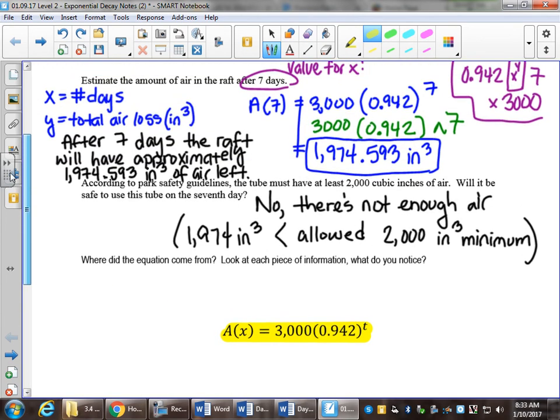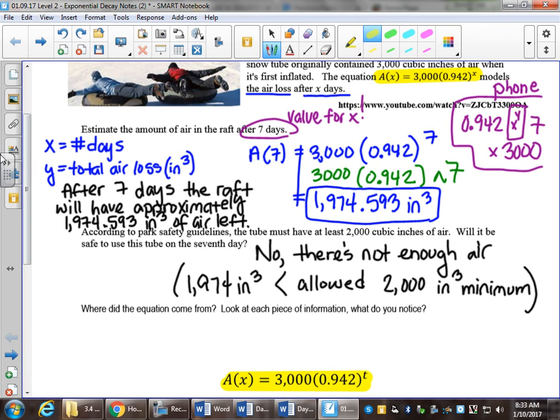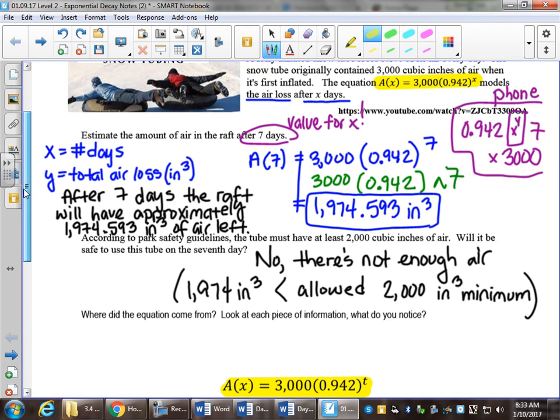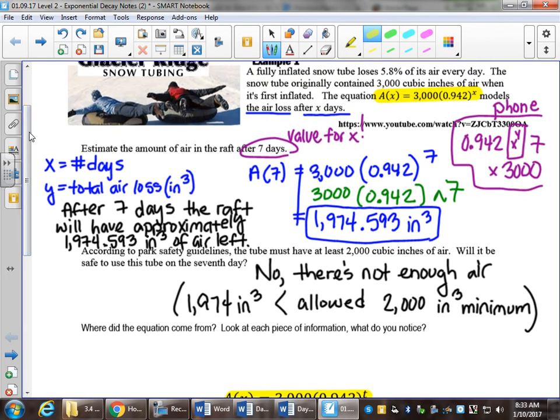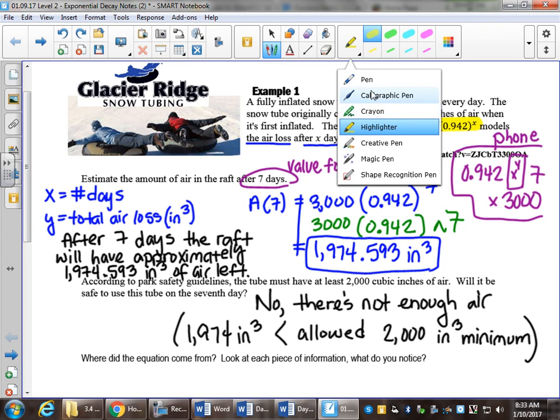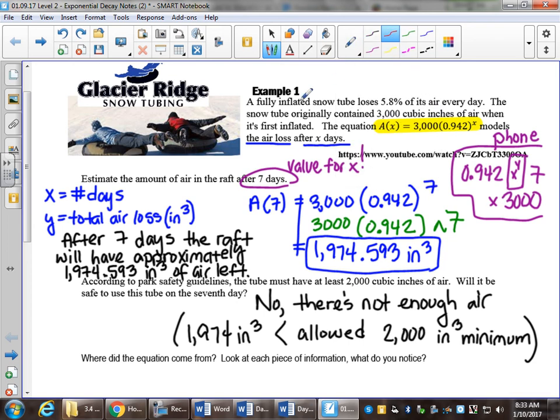Well, my first thought, when I come back up here and I look at the given information, just like with growth, we have an initial value. I'm told that it originally contained 3,000 cubic inches.